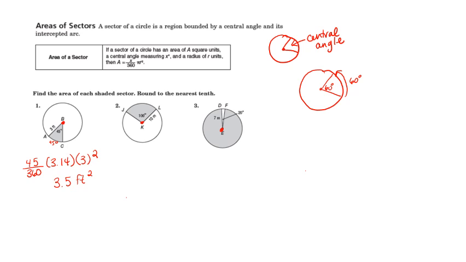For number 2, the central angle is 100. So 100 over 360 times 3.14 times r squared. All right, and that's going to be 87.2 meters squared.